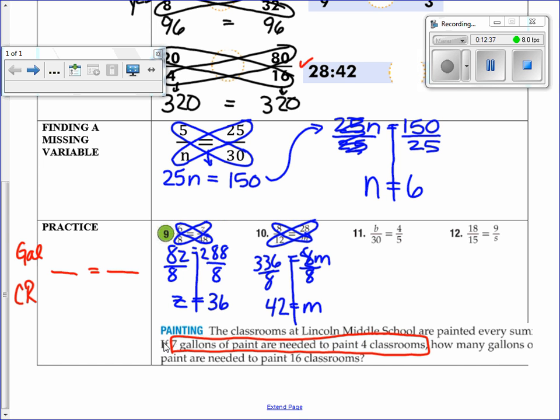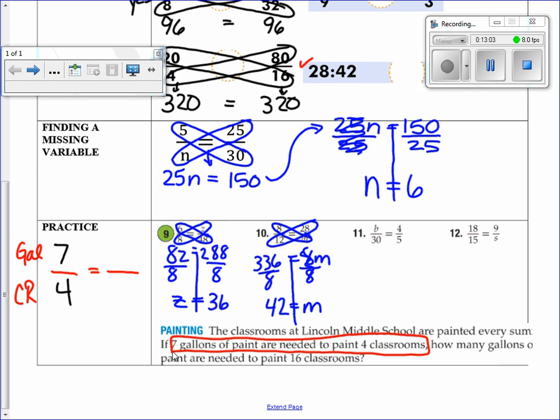If you look at all these proportions that we've been solving, okay, line, equal sign, line. I know 7 gallons can paint 4 classrooms. So automatically, there's my first ratio. 7 gallons, 4 classrooms. And now it says how many gallons of paint are needed to paint 16 classrooms.